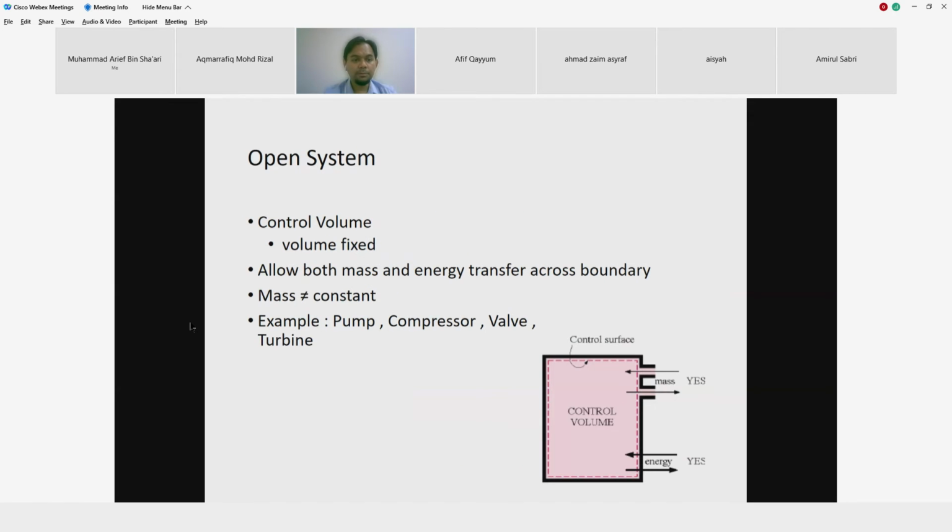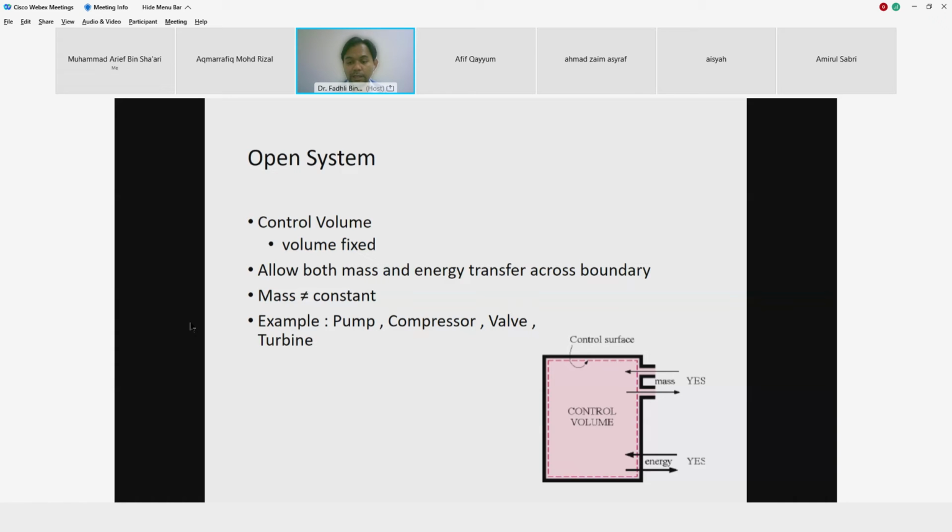Next, for the open system, another name is control volume. Control volume. The volume is fixed. Earlier, for the closed system, the volume is not fixed, not constant. But for the open system, the volume is fixed. That's the meaning of control volume. This system allows both mass and energy to be transferred across the boundary. So mass can be transferred in and out.